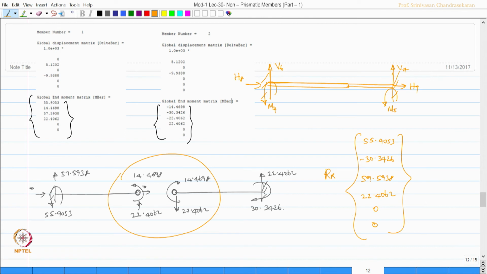So, as per the labels, this should be M4, this should be M5, this should be V6, V7, H8 and H9. Let us mark them here.